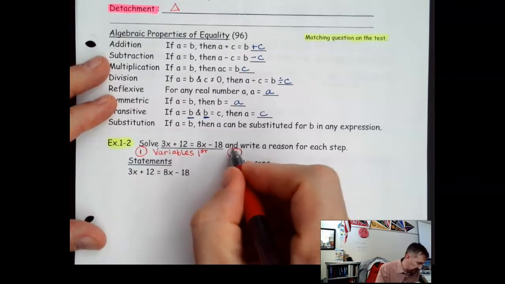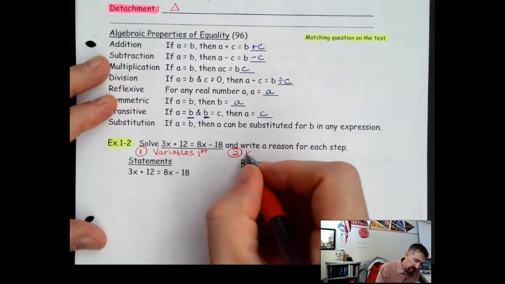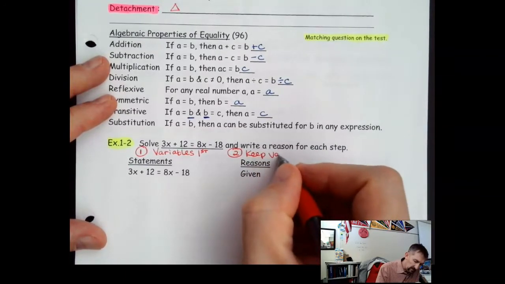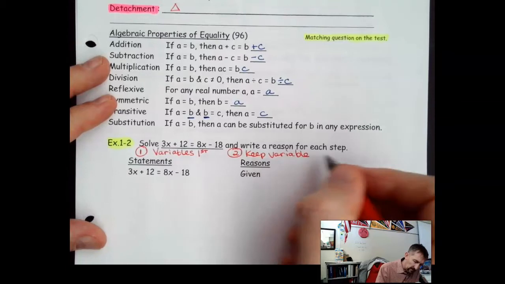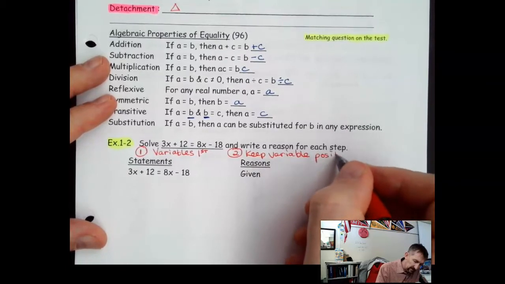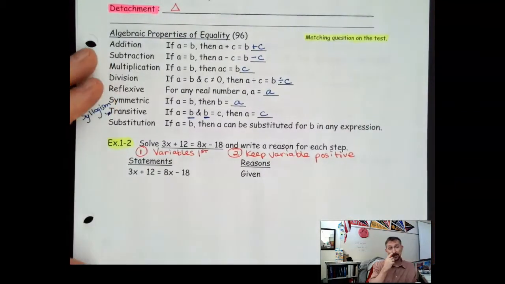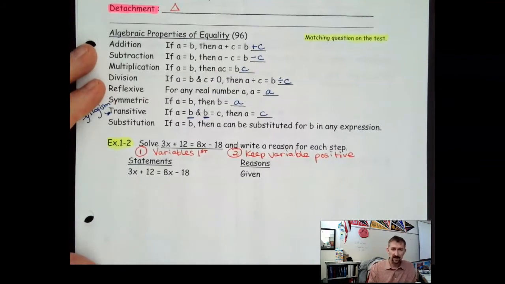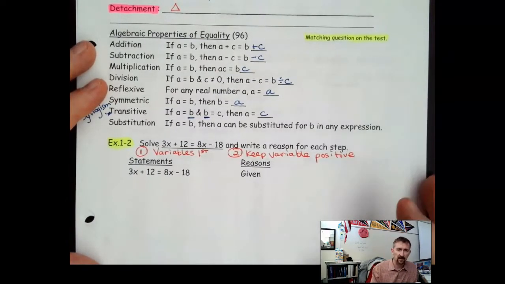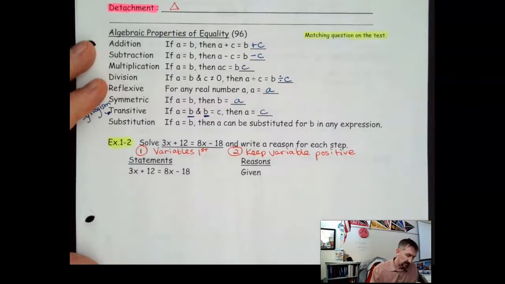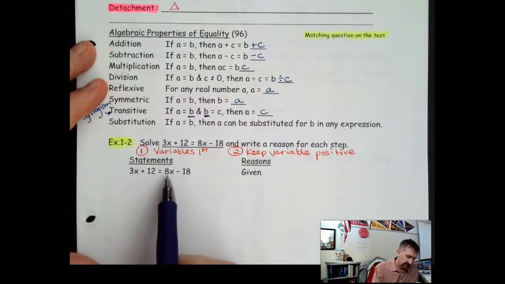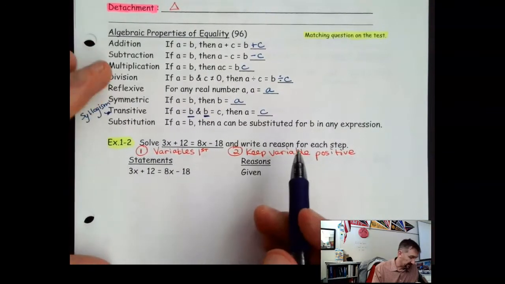And step number two, keep the variable positive, or get the variable to be positive. As you're doing your steps, we want to make sure everybody's doing their steps the same way so we can keep track and grade and everything like that. So we just said, do the variables first and keep them positive.